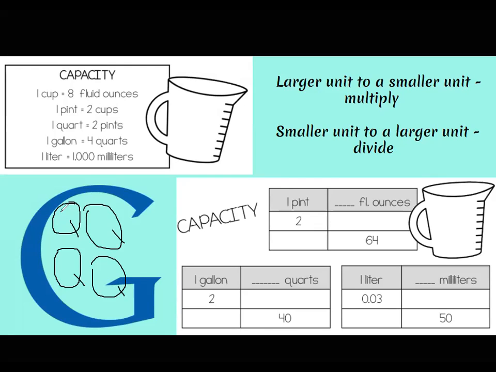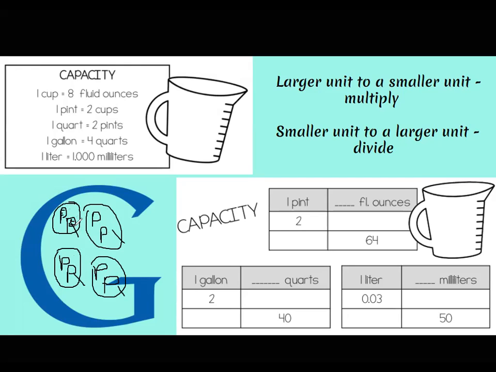So 4 quarts in a gallon, and within each quart, we can fit 2 pints. So 2 pints inside each quart for a total of 8 pints in a gallon. And we can go even further, and we know that there are 2 cups in each pint.